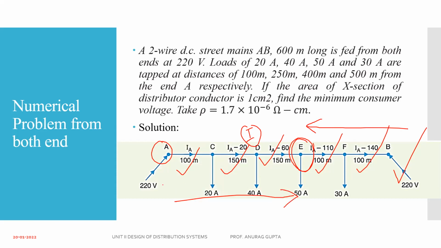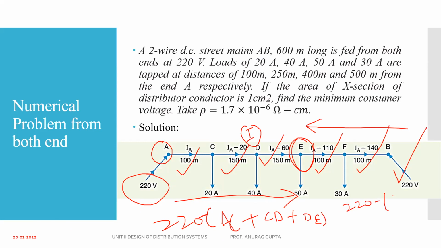If you are finding from this point, of course 220 minus the drop of all three sections: first the AC section, then plus the CD section, then plus the DE section. That is the first method. Or we can find 220 minus the drop of the FB section, or we can call it the BF, or EF or FE section. In both cases the answers must be equal.